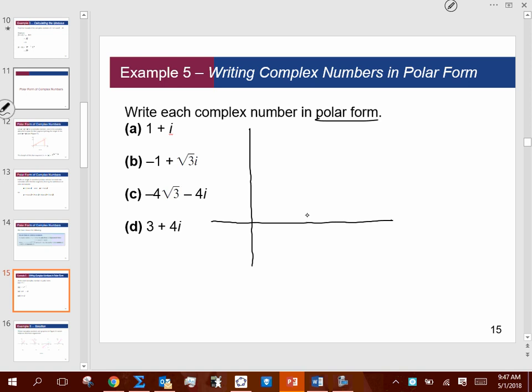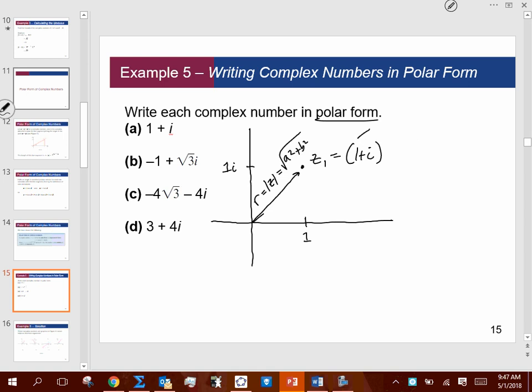All right, so write each complex number in polar form. So 1 plus i. There's 1, and maybe there's 1i. So z would be right there. Call it z1. Okay, that's 1 plus i. We're going to draw in that radius. Okay, so again, that's r, which is the absolute value of z, or the modulus of z, which is going to be found by taking the square root of a squared plus b squared, right?